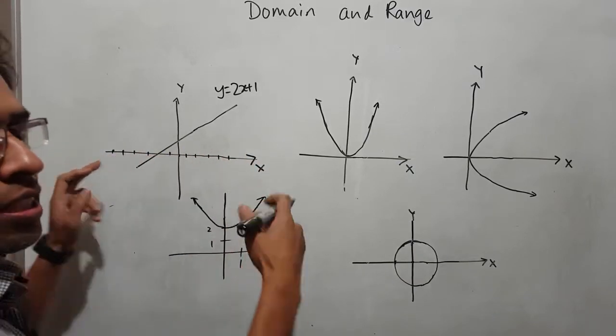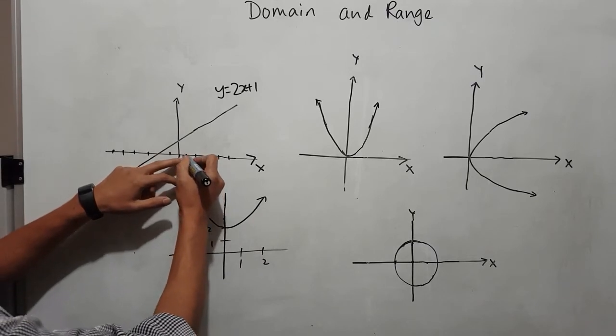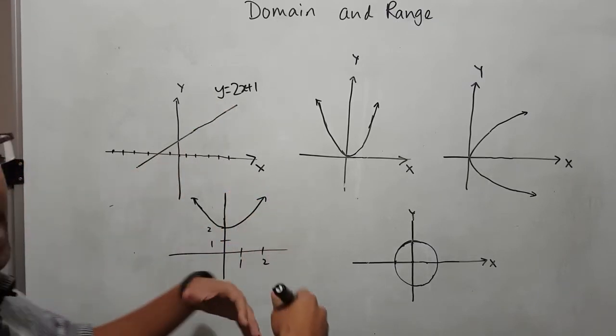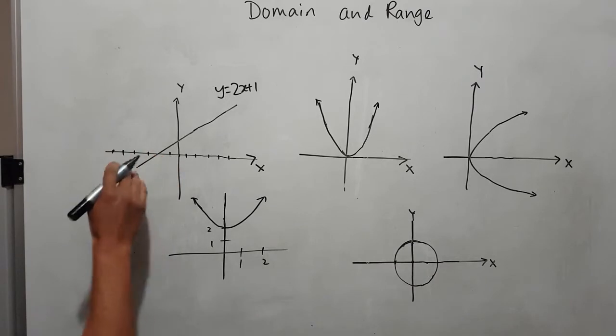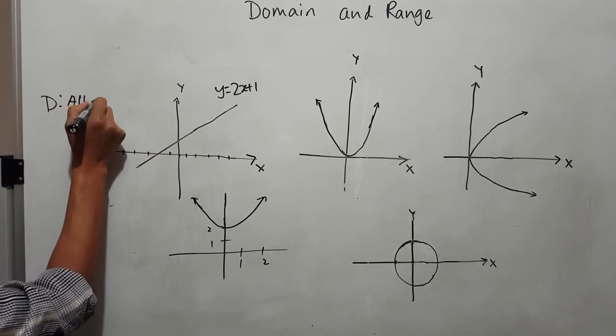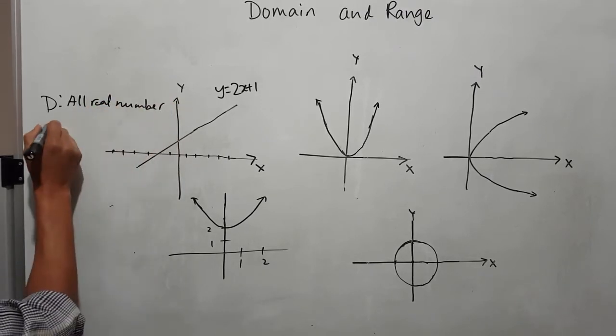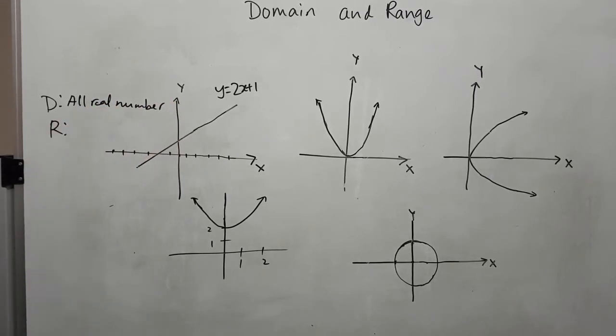And this line is a real number line. It means we can say that our x value can be any real number. So our domain for this, I can say, is all real numbers. And then range, and as I said, range is the y value.